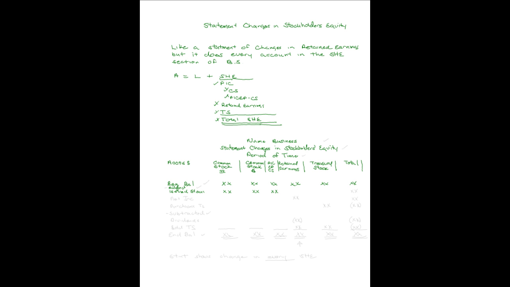I will have also hopefully earned some net income, and that would be another thing that's added. So I would add that into retained earnings. I might have purchased some treasury stock.